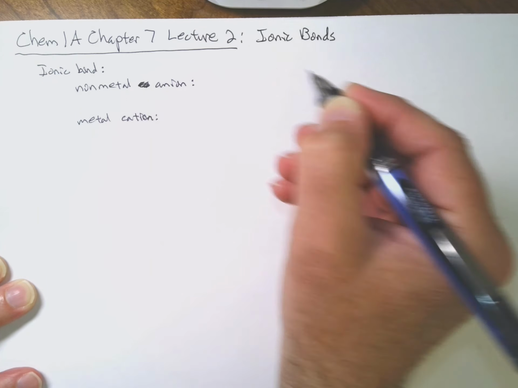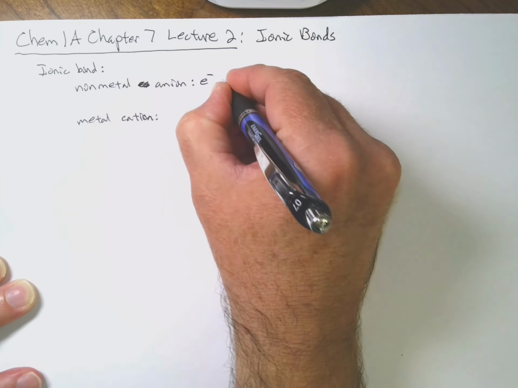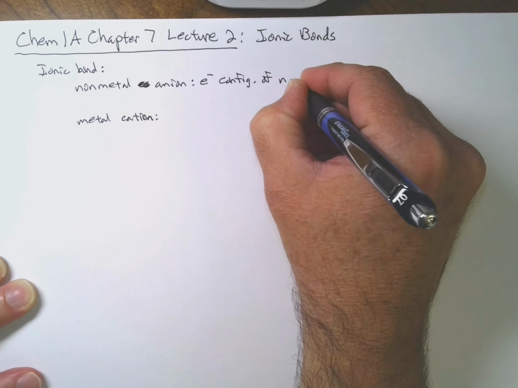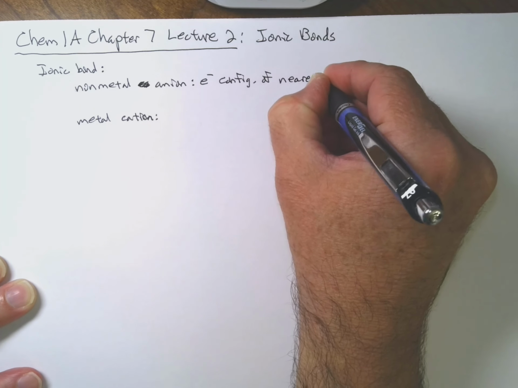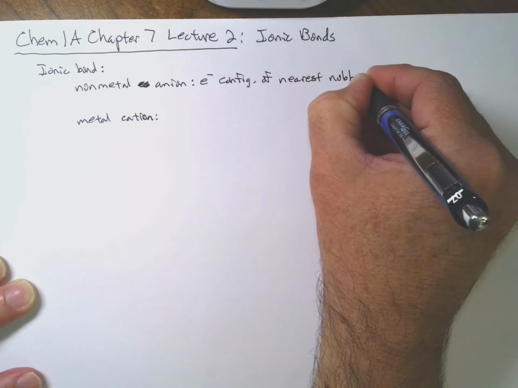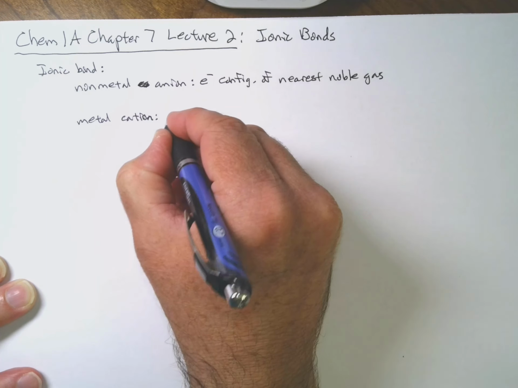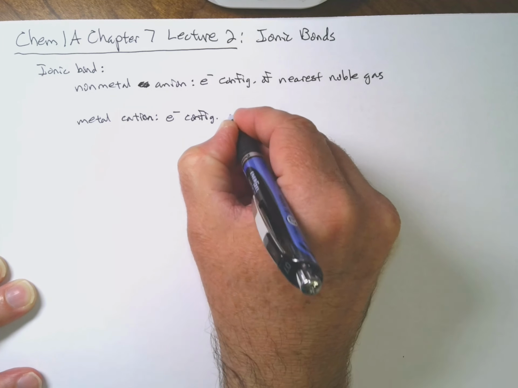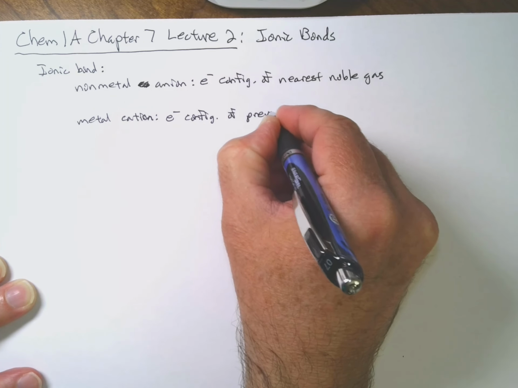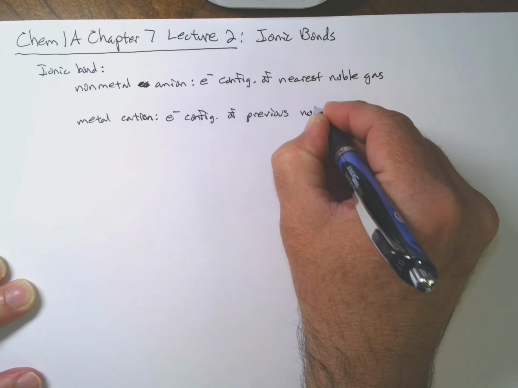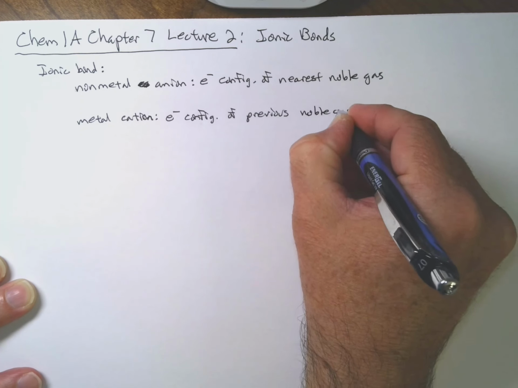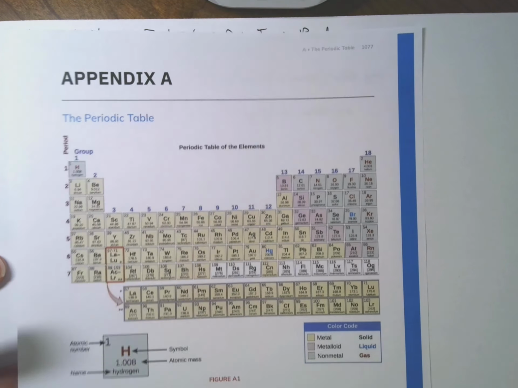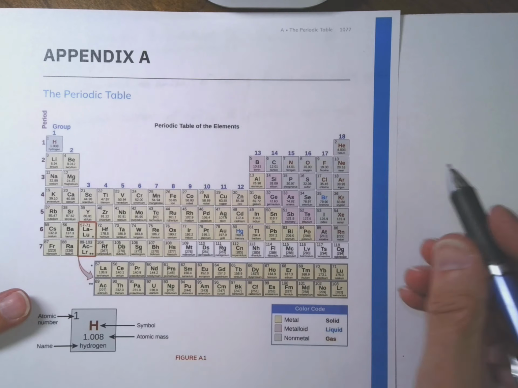And the anion will typically have the electron configuration of the nearest noble gas, and the metal cation will have an electron configuration of the previous noble gas. That is to say, they'll have all of a particular energy level full. We'll say that their valence electrons are full.